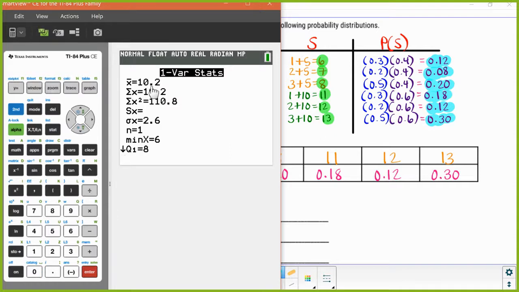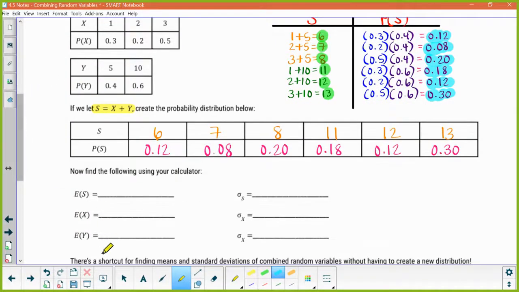These two should match. That's generally a giveaway that something's wrong in your data if the calculated mean and the sum mean are not the same. They should be the same for this type of problem, and my standard deviation is 2.6. So I'm going to fill that in. I have 10.2 and 2.6.